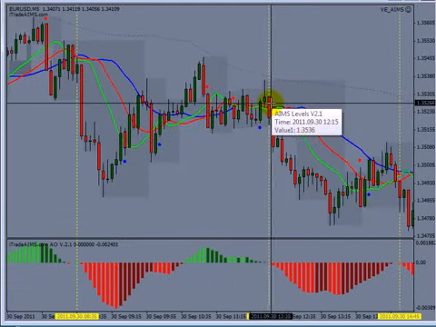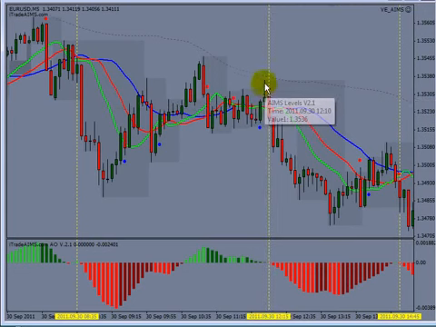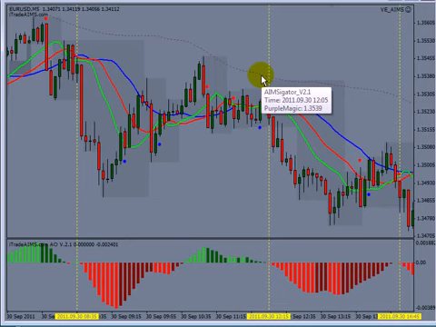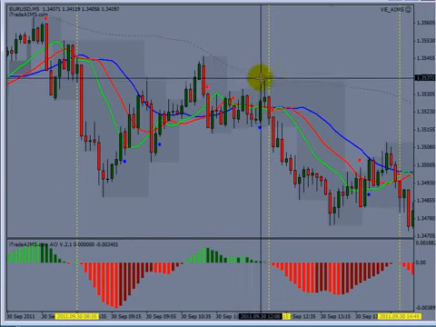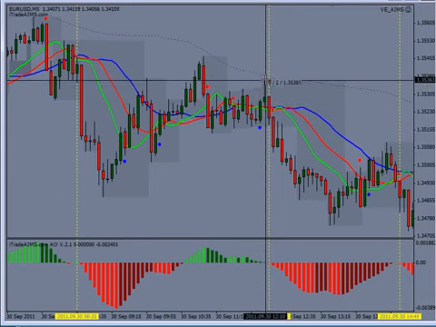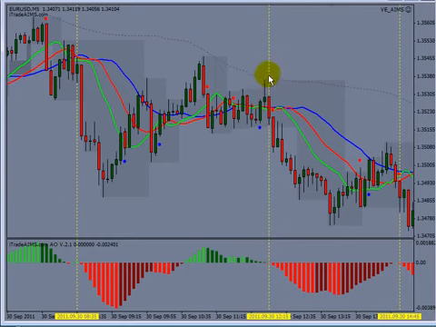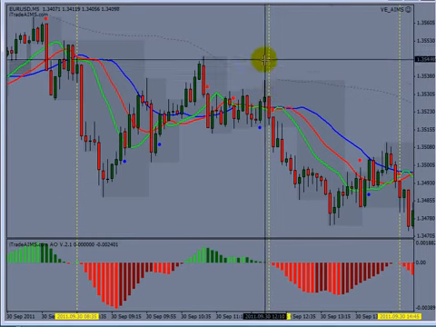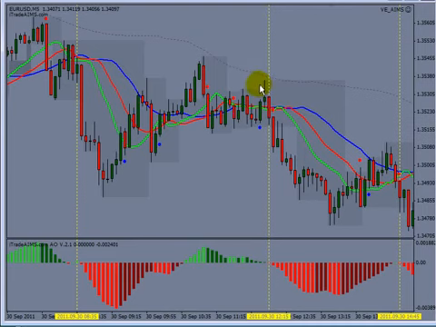And even around here, if you were to take this breakout, you would be going against purple. Although purple was relatively close, and the closer it is, the less effective. Because, for example, if you were to go long here and it did not bounce against this purple, or if it continued, then this wouldn't be too bad, because that would mean you took an early entry into the uptrend.